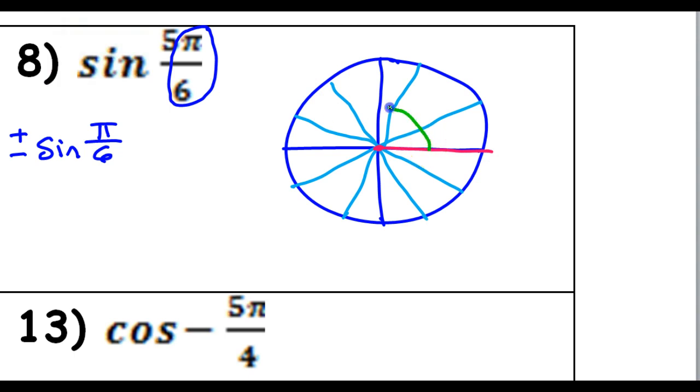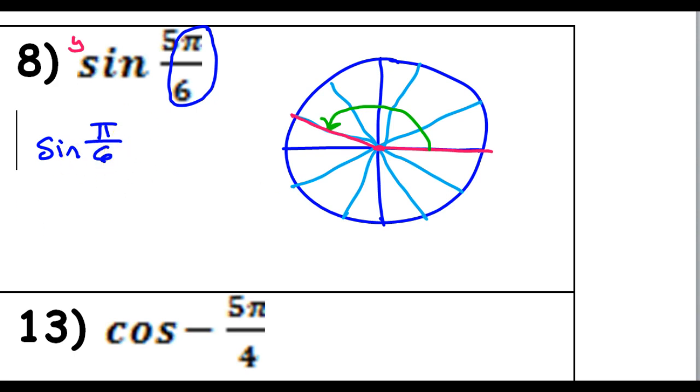There's 1, 2, 3, 4, 5 pi over 6 would be right there. That puts us in the second quadrant. The sine function is a y value on the unit circle, and so it will be positive up here because it's above the x-axis. So we don't need to change the sign.